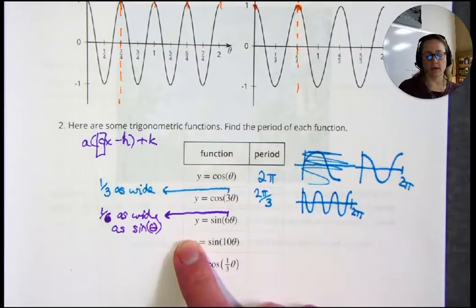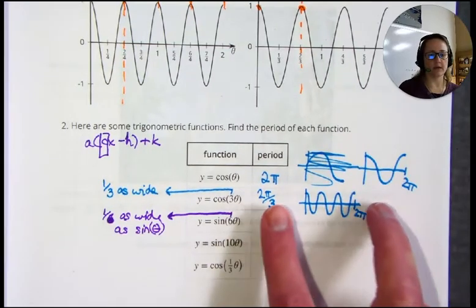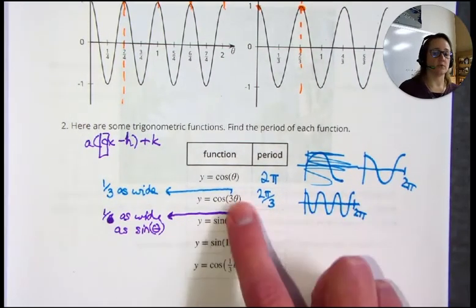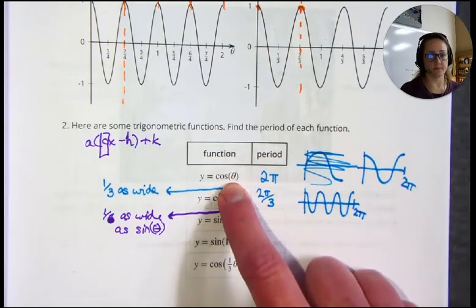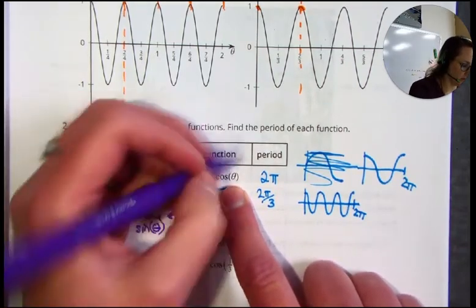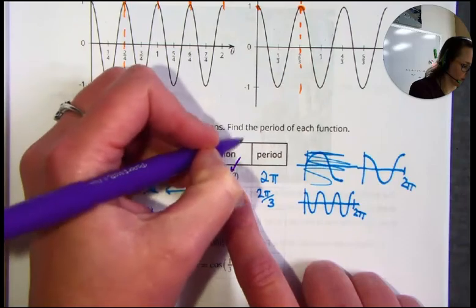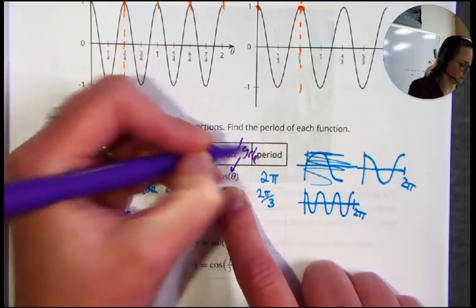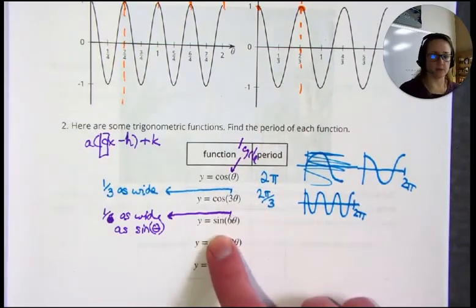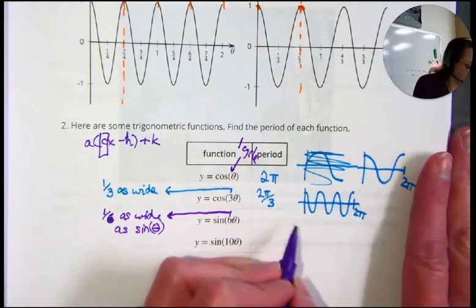Okay, and so again, instead of just going through 1 cycle in 2 pi, this one's going through 6 cycles in 2 pi.